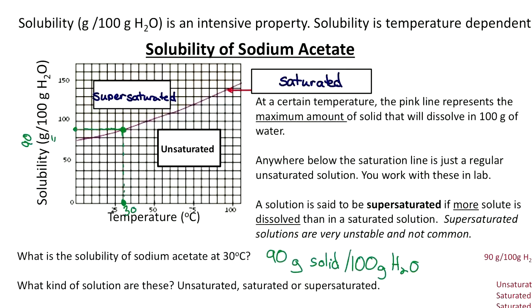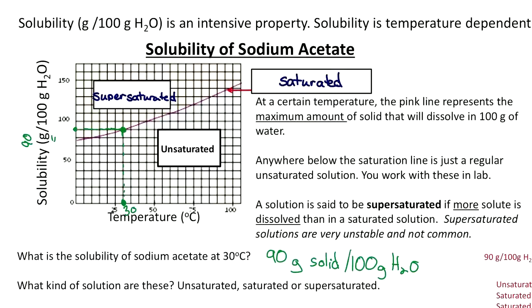So if I only have 50 grams of water, I can only maximum dissolve 45 grams of solid. Are those concentrations different? No, they're the same. It's just the amount of solid that dissolves is different because we're working with different amounts of water.